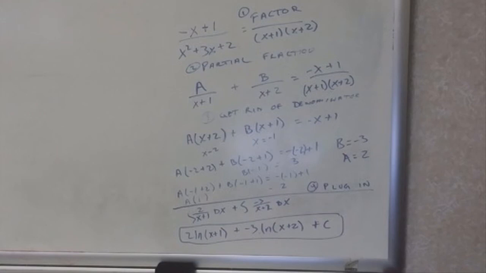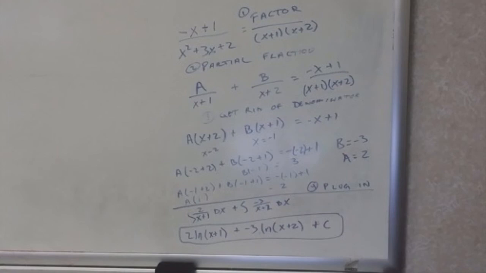For a, we can observe that when x is equal to negative 2, a becomes 0. So we plug in and we get a times negative 2 plus 2 plus b times negative 2 plus 1 equals 2 plus 1. This leaves us with b times negative 1 equaling 3. As we divide both sides by negative 1, we can end up with b equaling negative 3.